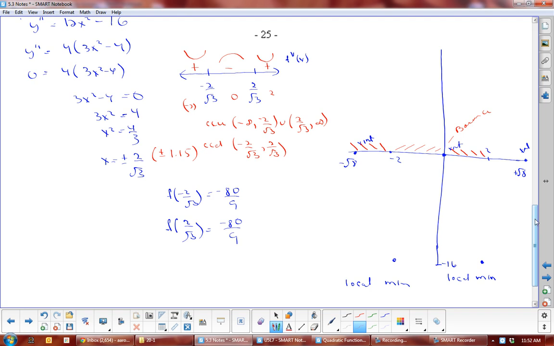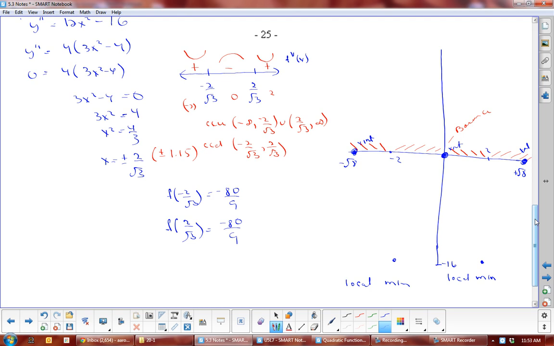And from 2 to infinity, I'm increasing. Okay, and then these are my x-intercepts. And just always keep in mind we're dealing with a W.